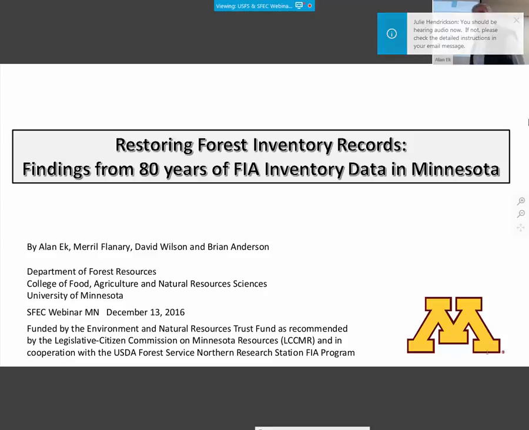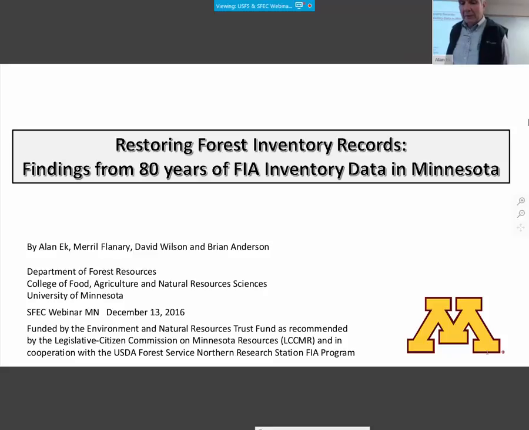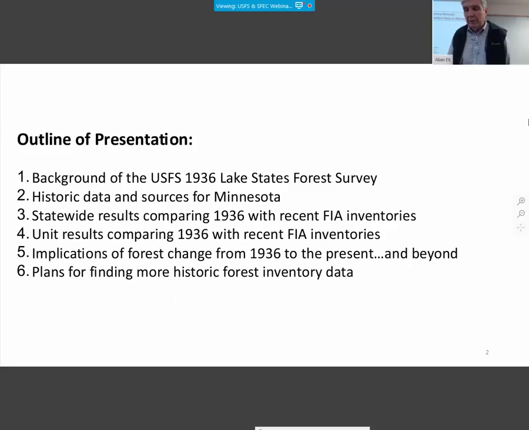Thank you very much, Matt, and it's a pleasure to be here to talk about a project that has been ongoing for about 2 years, but actually goes back many more years, restoring forest inventory records, particularly in this case those from the 1930s, and what we can find from them as well, given that we seem to be interested in things like change, and history then becomes more important.